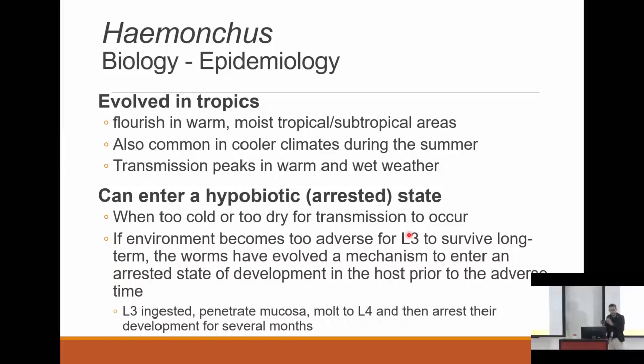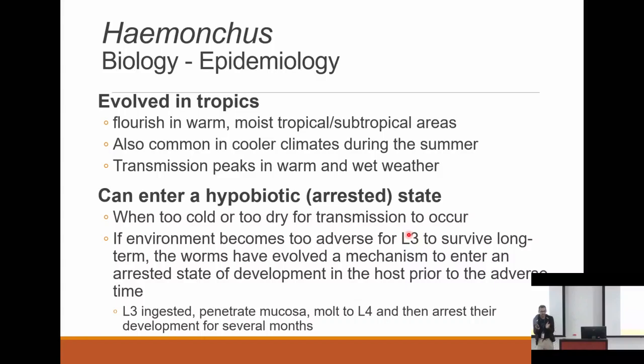In this case, the abomasum. And what happened? Which stage of the larvae is the infective stage taken by the host? L3. So L3 is converted into L4 in the abomasum and stops there, not further converted into L5 and the adult stage. So that is the state where this parasite comes into the hypobiotic situation.